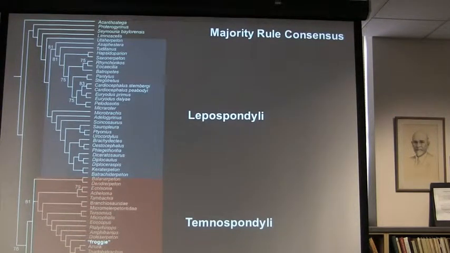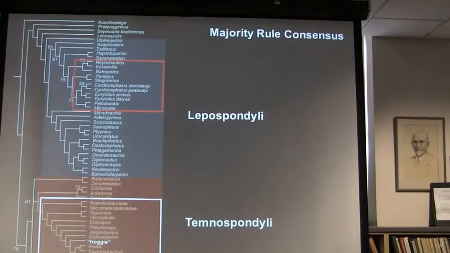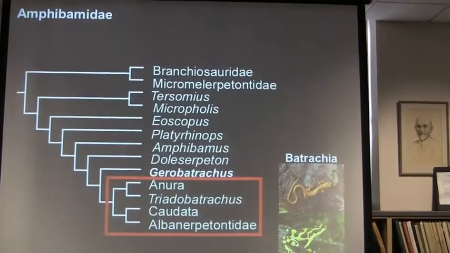So we put this specimen into a data matrix that I had assembled back in 2001, and we added in modern amphibians as well, and I'm just going to focus in on these two boxed areas here.